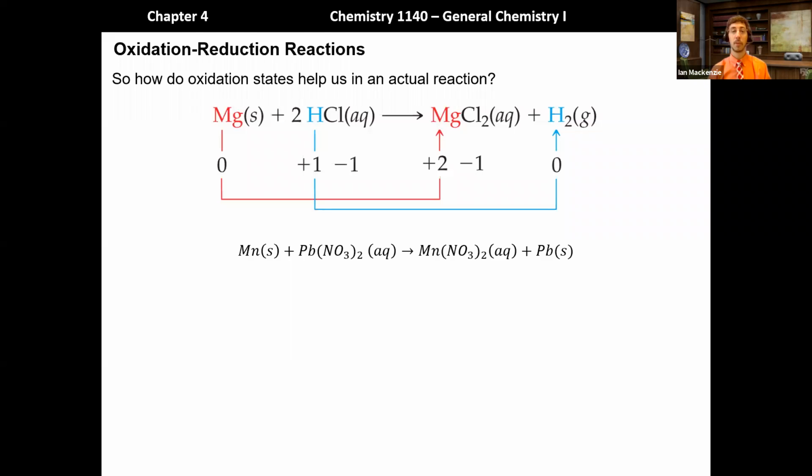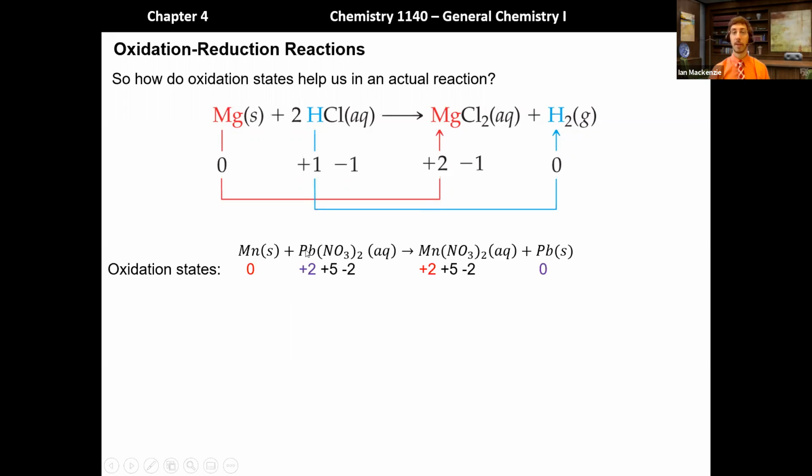So let's go through a couple other examples here. So we've got manganese reacting with lead nitrate to form manganese nitrate and lead. And in this case, manganese is in its elemental form to begin with, so it's 0. The lead, well, each nitrate ion in total is -1. There's 2 of them, so lead must be +2 as an ion.